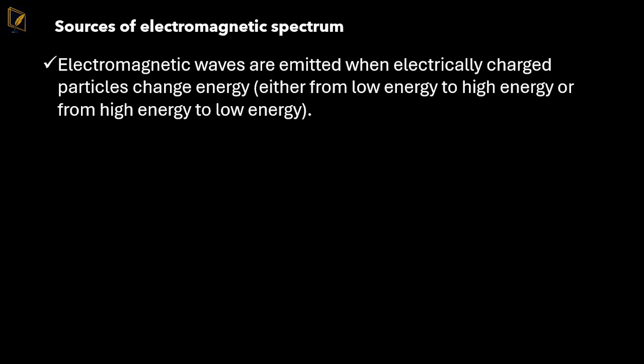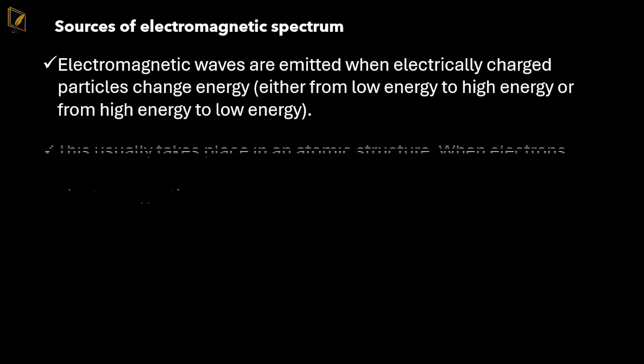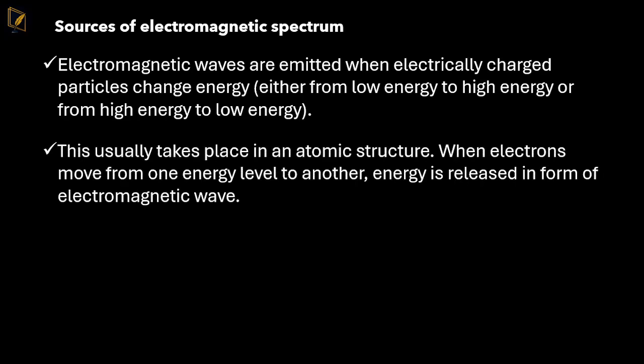So the electrons may move from a high energy level to a low energy level, or from a low energy level to a high energy level. Mind you, the shells are also called energy levels. These electrons, which are changing their energies, emit these radiations.